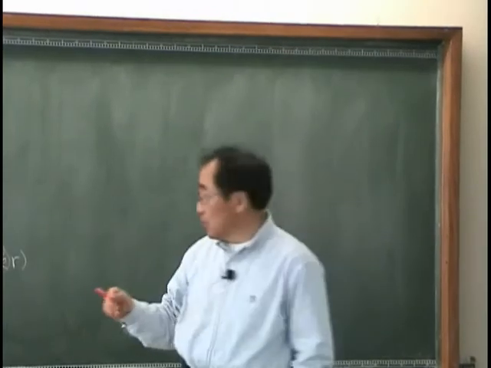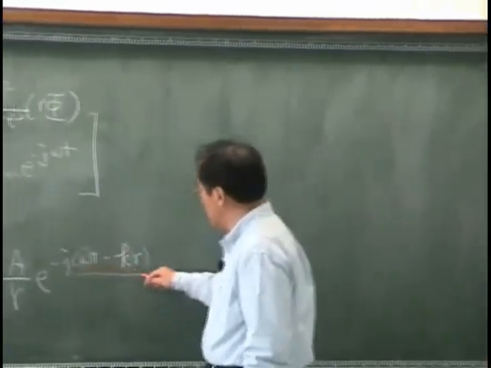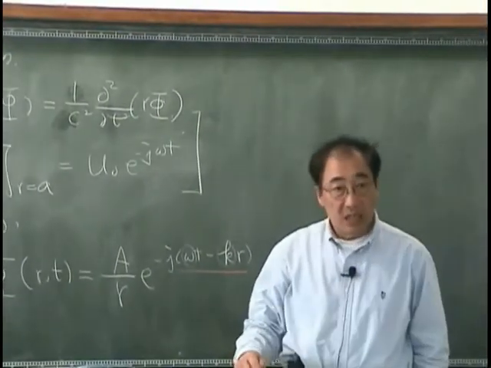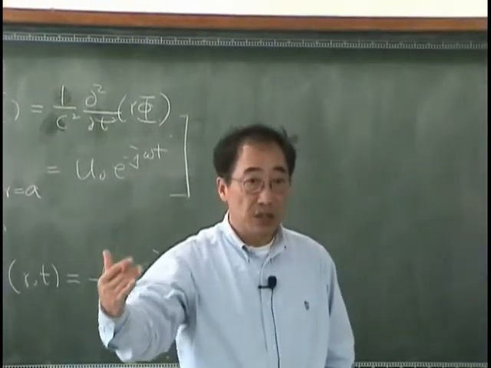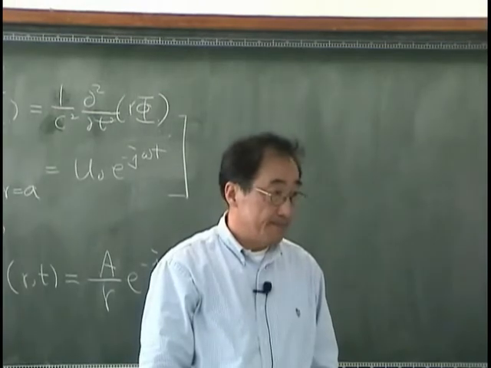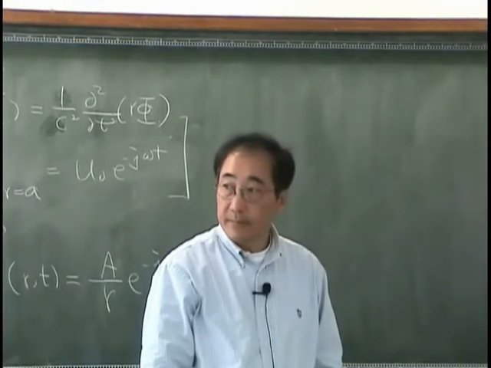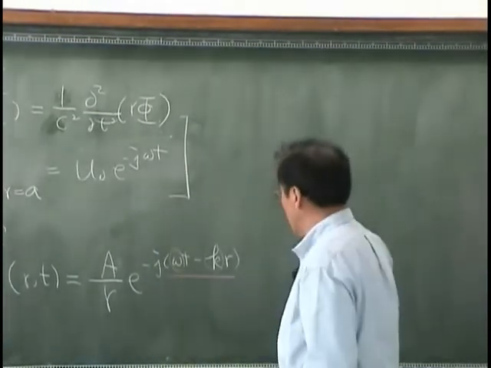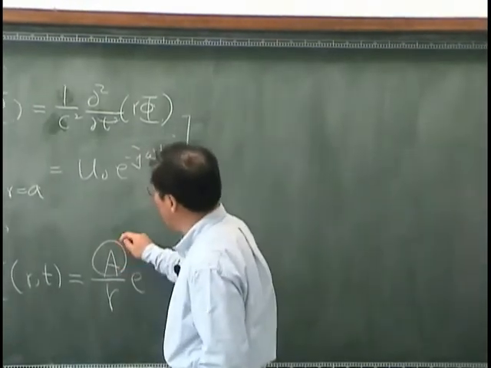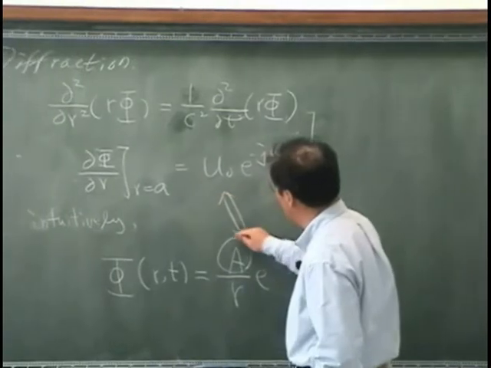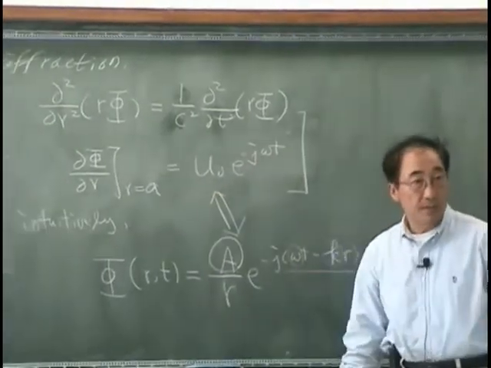Therefore this term essentially expresses phase fluctuation in space. Okay. Now our job is to determine A that satisfies this boundary condition.